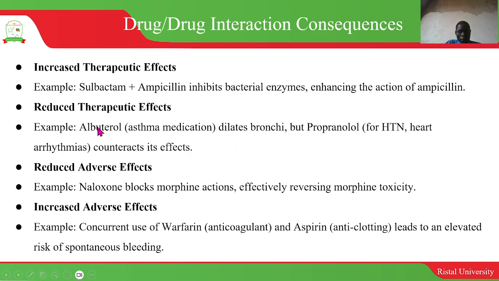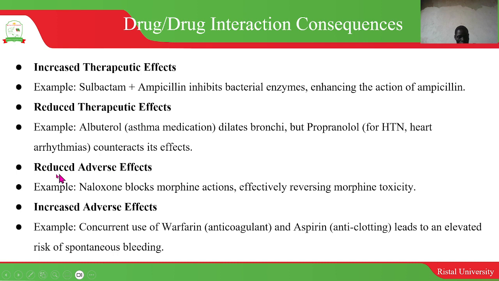If we give a person who is a bit asthmatic and perhaps also already hypertensive albuterol, and at the same time we also give him propranolol, these drugs counteract each other's effects, and therefore one drug may not be able to produce the intended effects the way we expect because of the action of the other against it.